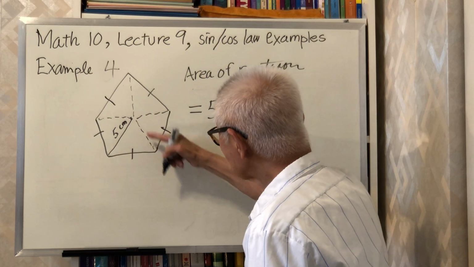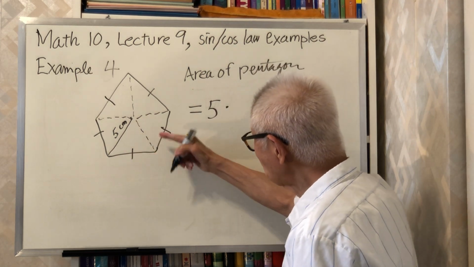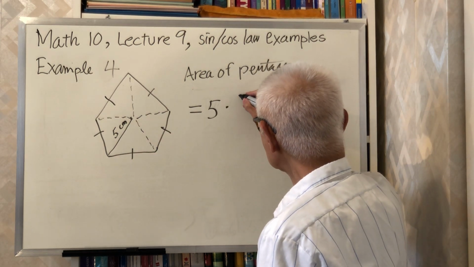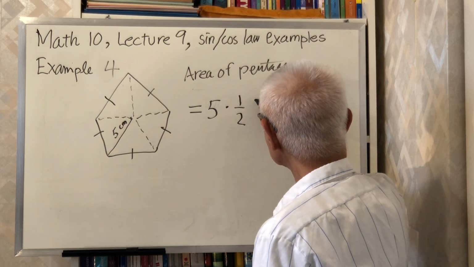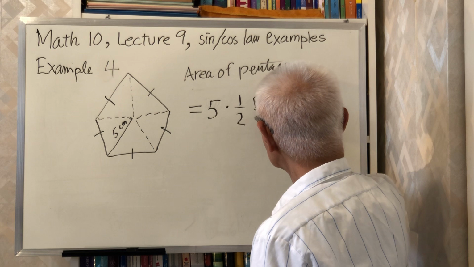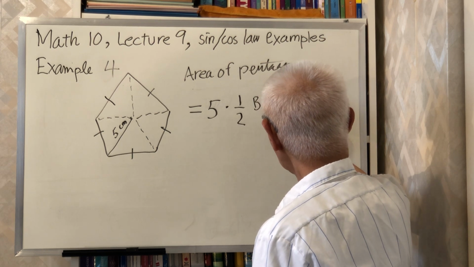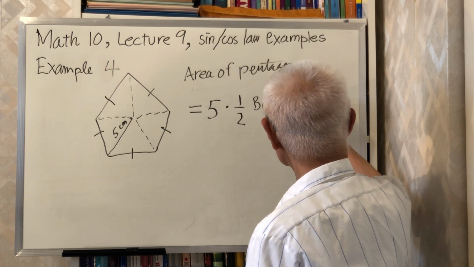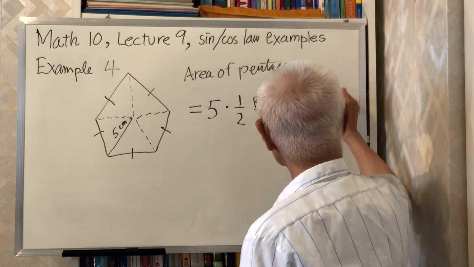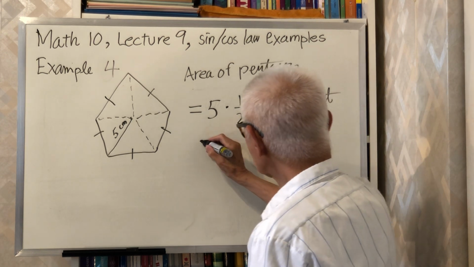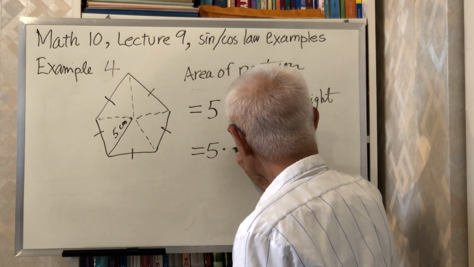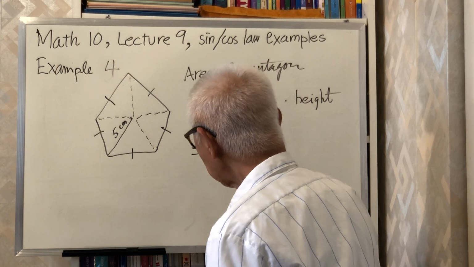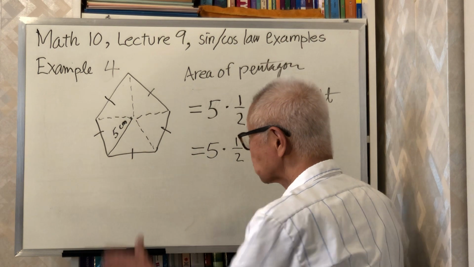The area of this is the area of a triangle, so it is 1/2 times the base times height. What is the base? Base is this.